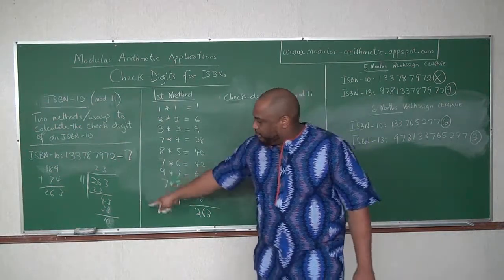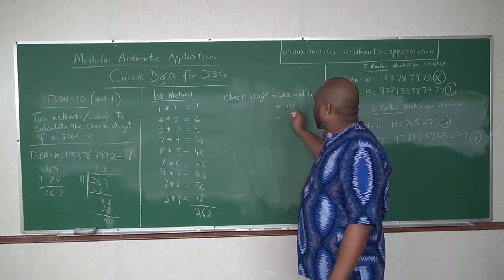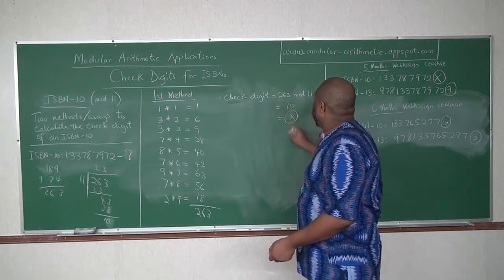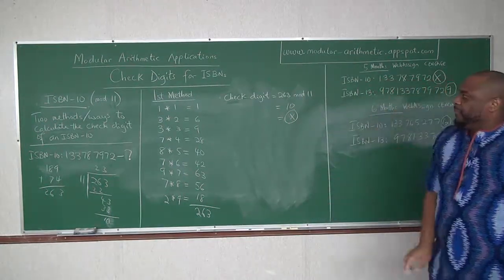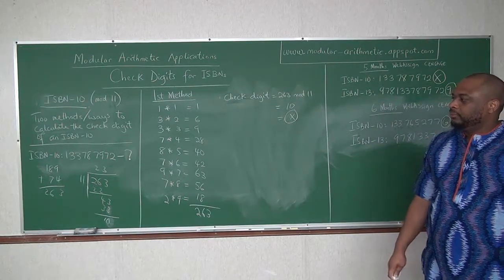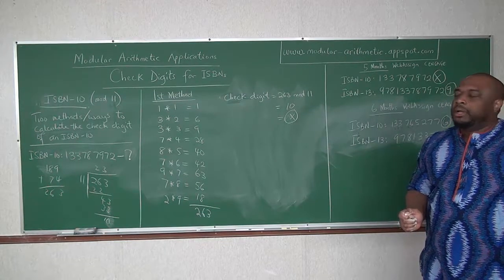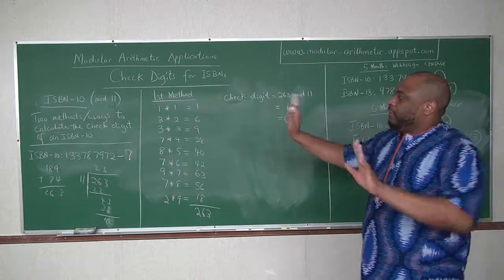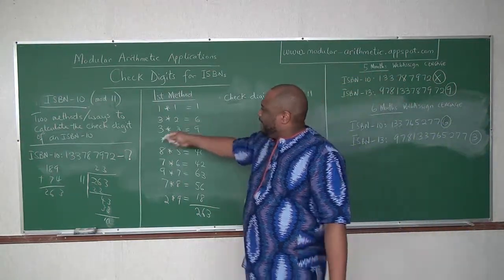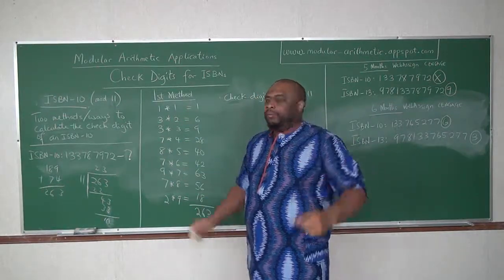Because you know how we do the modulo? 23 remainder 10. So this is 10, and that is your X. That's the answer. The answer is now X. That's why we got this answer. That's the first method. The first method is for ISBN-10: just multiply each digit by 1, 2, 3, 4, respectively.